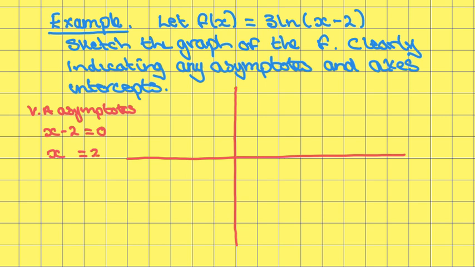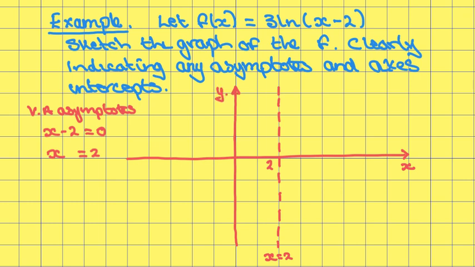So we have a vertical asymptote when x is equal to 2. So let's draw in our vertical asymptote. So that is at 2. So that is the line x equals 2. This is the x-axis. This is the y-axis.